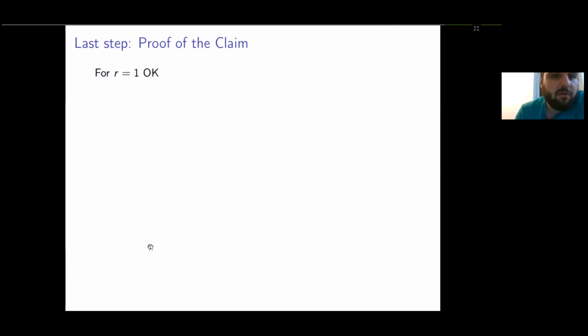So first, the case where r is equal to 1, we have just one variable. This case is very simple because we're just considering a meromorphic form in one variable.